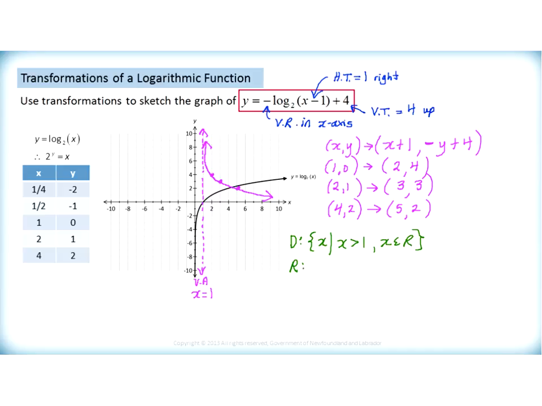As well, we talk about the range, and there are no restrictions on the values of y. Y belongs to the set of real numbers. And then the equation of the vertical asymptote: the vertical asymptote occurs through x equals 1. And those are the characteristics that describe this graph.